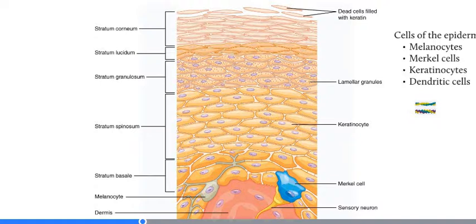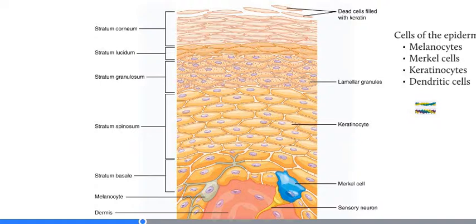Most of those cells are a particular type of cell that we'll see through all layers of the epidermis, called a keratinocyte, or keratinocyte if you prefer to pronounce it that way. In the basal layer, the keratinocytes undergo mitotic division. They'll divide there.